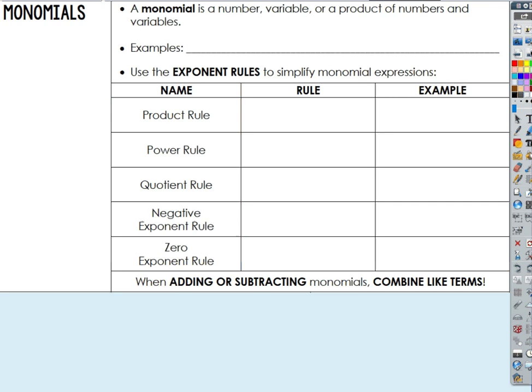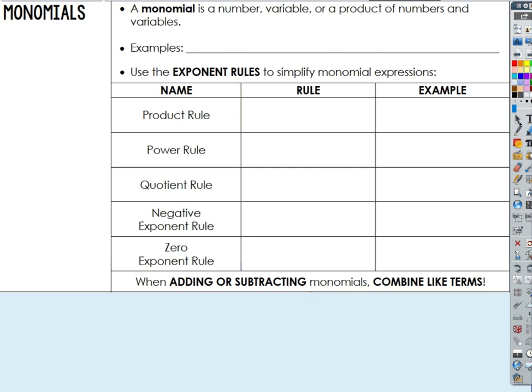Well, what's a monomial? What does mono mean? Mono just means one, so monomial means literally one term. That's all it is. It could be a number, it could be a variable, or it could be a product of a number and a variable, like a coefficient times a variable.